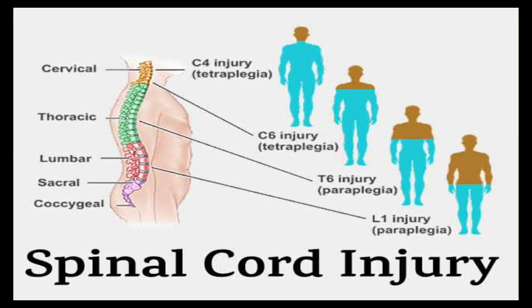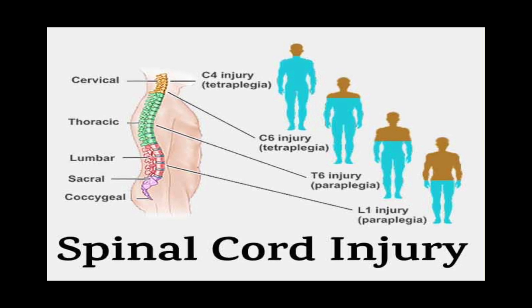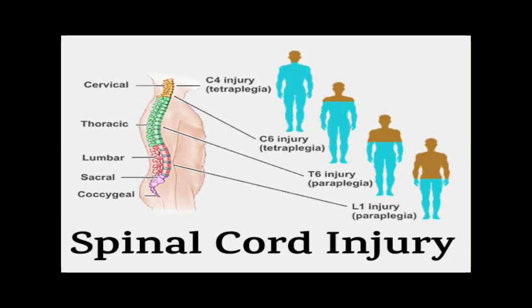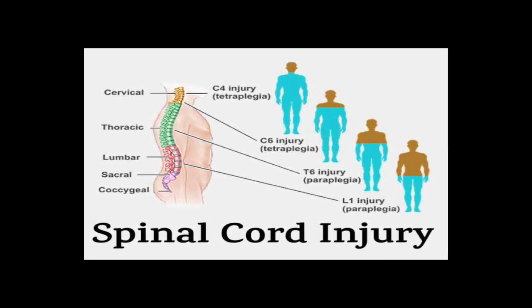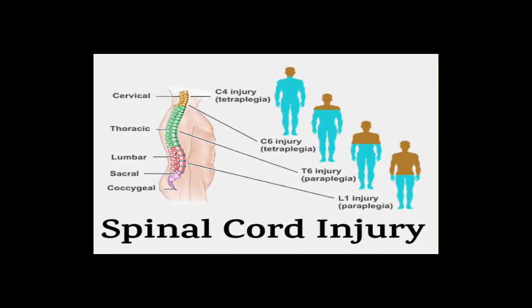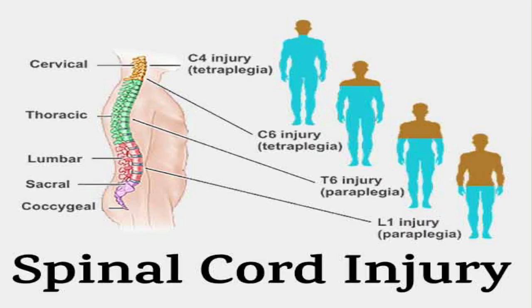And then when you go to the left, you will see the vertebral column and the spinal cord. So the various levels at which it can be injured are all illustrated there. And what you see depends on the symptoms, depends on the level at which the spinal cord injury occurred.